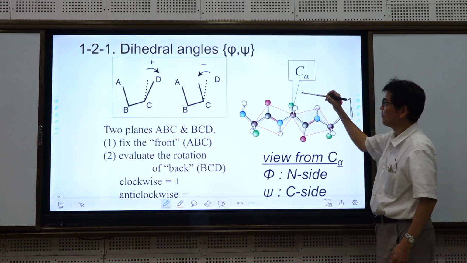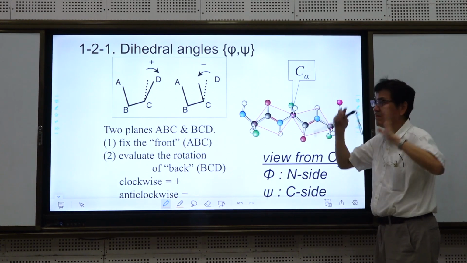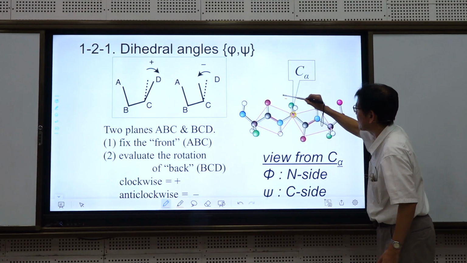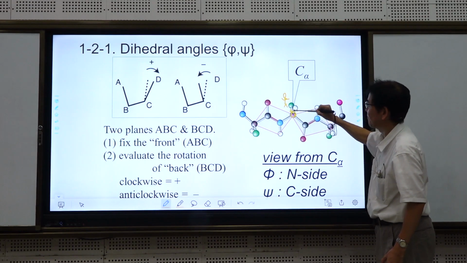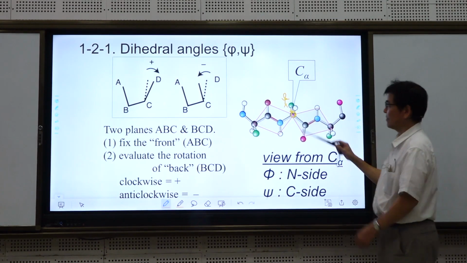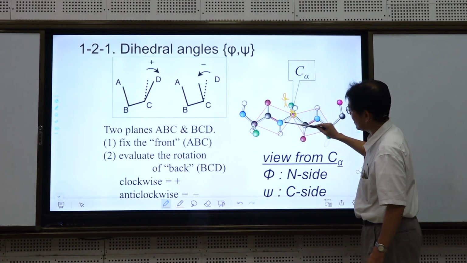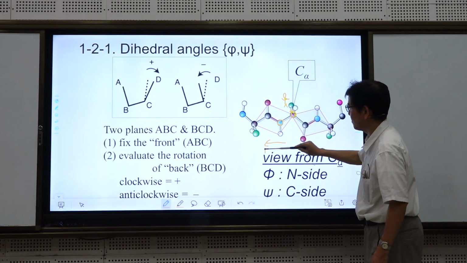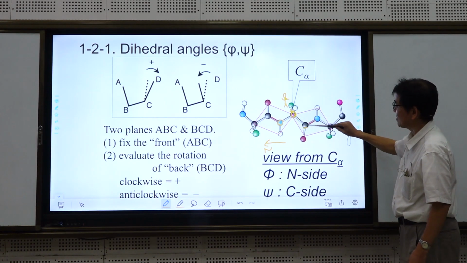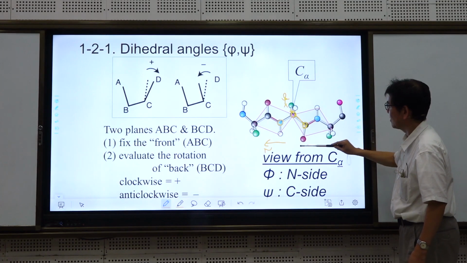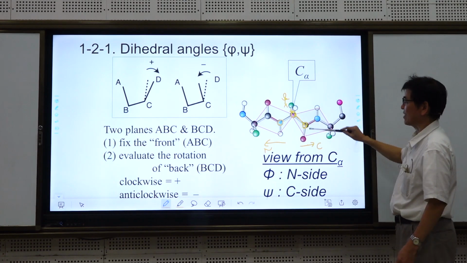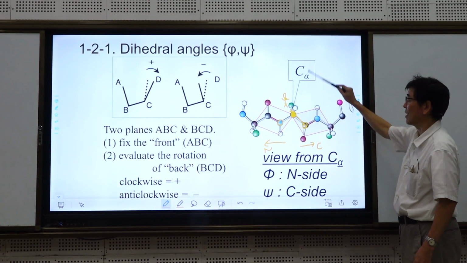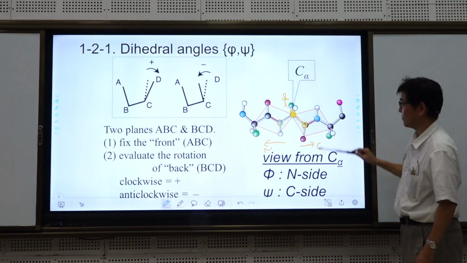Then please watch on this carbon. So you are here. Then this direction is N side. This side is carbon side, C side. When we watch from this carbon alpha, N side, C side.